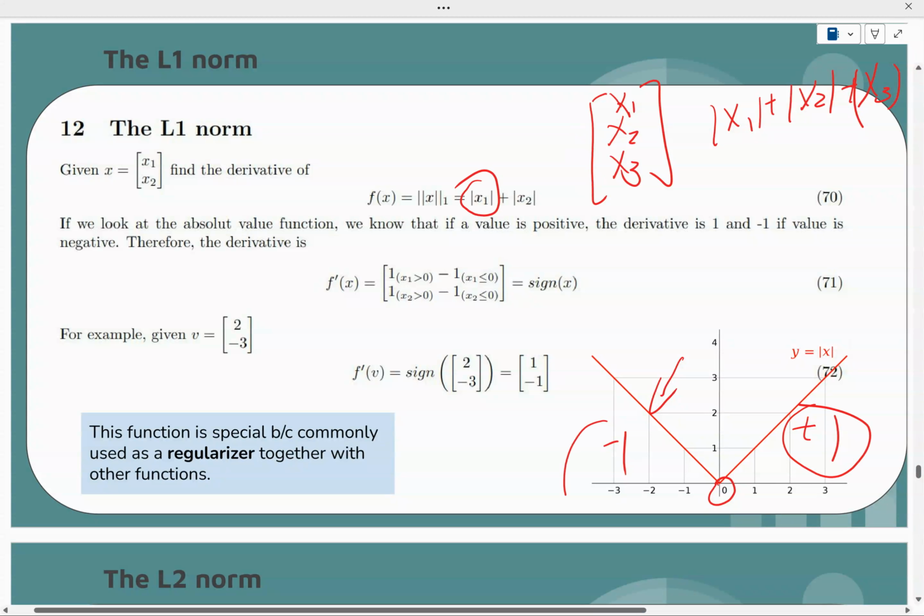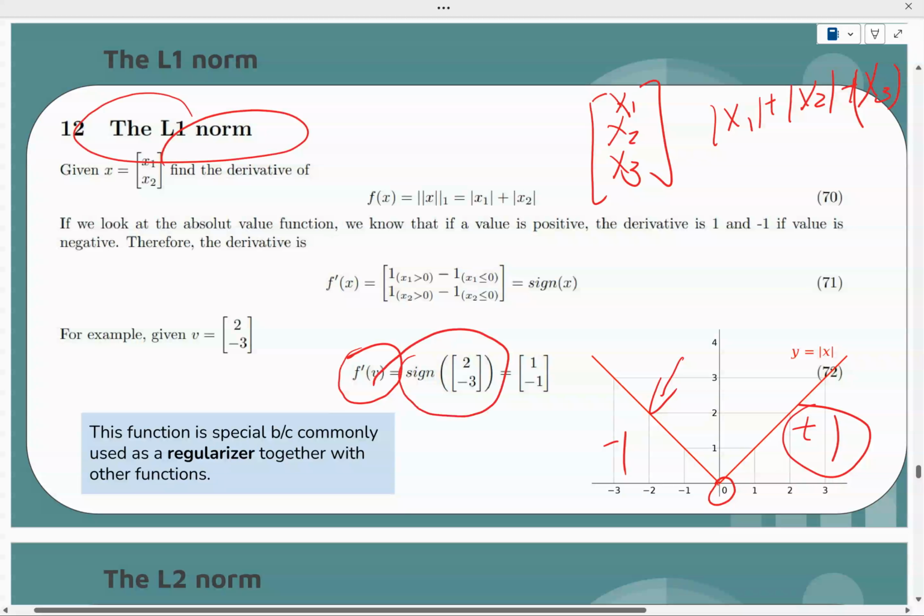If it's negative, then it's -1, right? And that's actually what a sign function does. The sign function looks at the sign. If it's positive, it returns a 1. If it's negative, it returns a -1. Okay? So basically the derivative of the L1 norm is a sign function. And when you need to find the derivative at any given point, you simply put the point in. Okay?